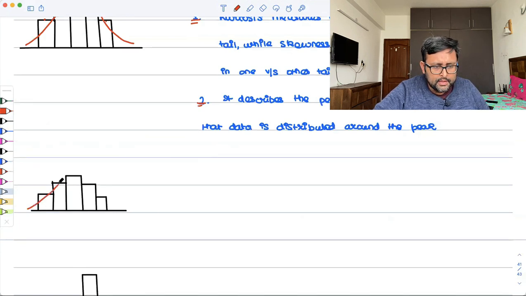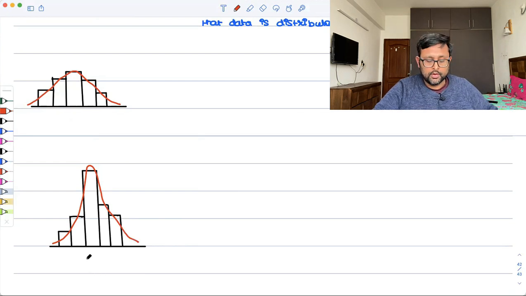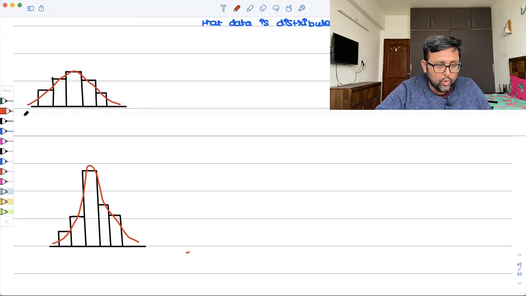What about this? Here the peak is coming here, it is a little flatter. What about this? Here it has a lot of peak. So this guy has high kurtosis. This guy has low kurtosis.